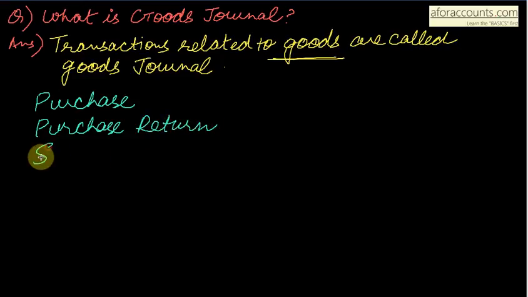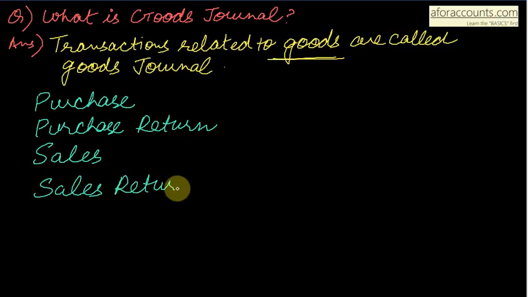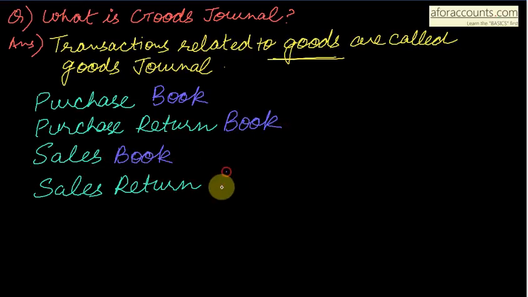Then it can be your sales or your sales return. So what do we make? Purchase book, purchase return book, sales book and your sales return book. Okay?